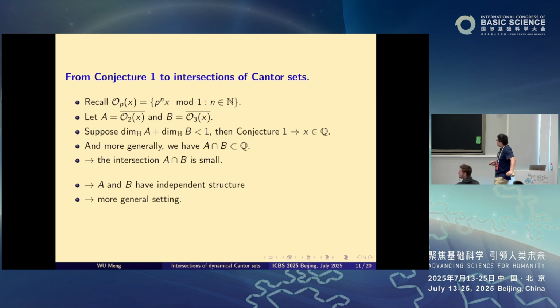Why? Okay, no, this is not true. Sorry, this only implies x is a rational number. Anyway, I just want to say that the intersection should be small. I tried to say it in a heuristic way, but since it seems like this doesn't work, sorry.